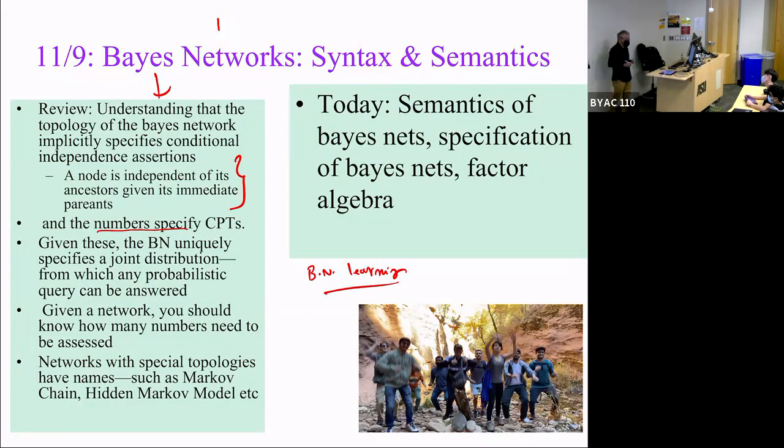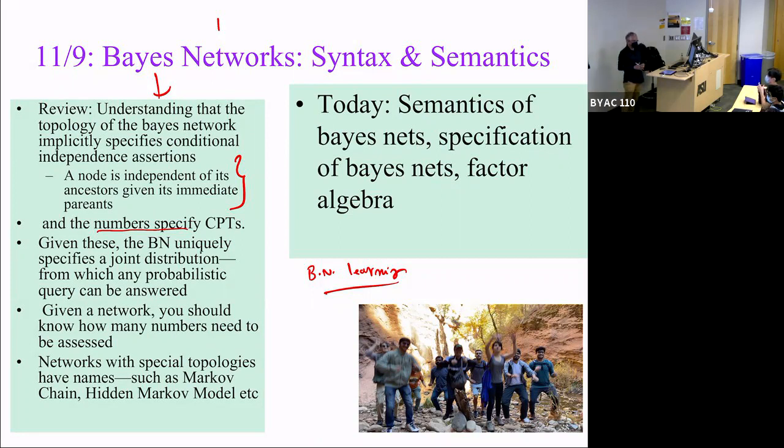And it turns out, we'll see when we get to it in a couple of classes, that if somebody gives the topology, learning the numbers is actually easy. And if they don't give the topology, then it becomes a repetitive task of guessing a topology, learning the numbers, getting another topology, learning the numbers.